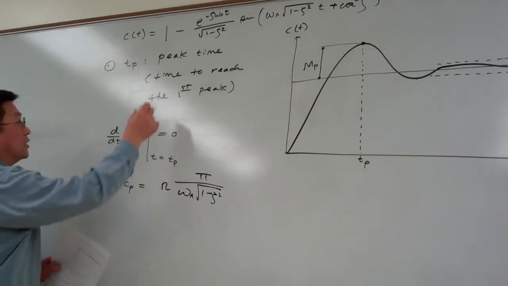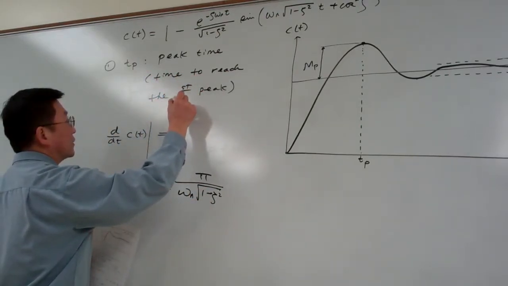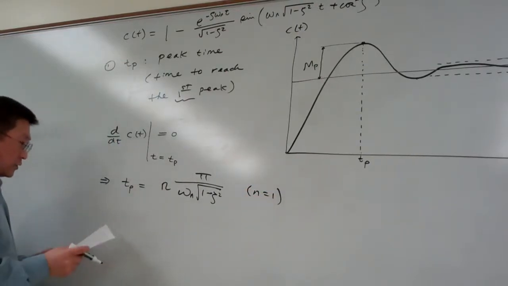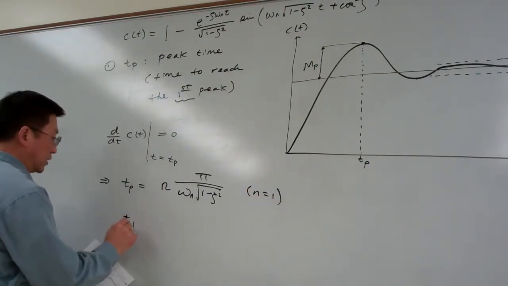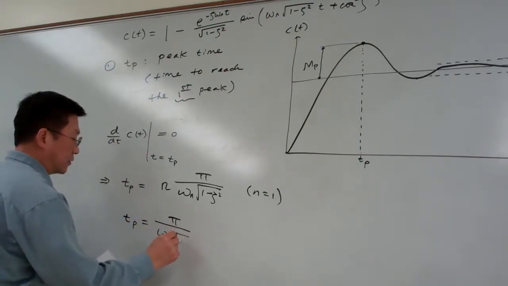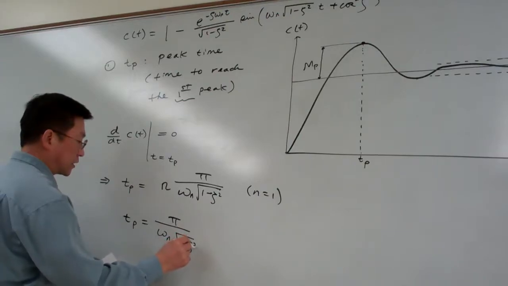And because TP is defined as the first peak, that means we set n equal to 1. So therefore, this TP is equal to pi over omega n square root of 1 minus zeta squared.